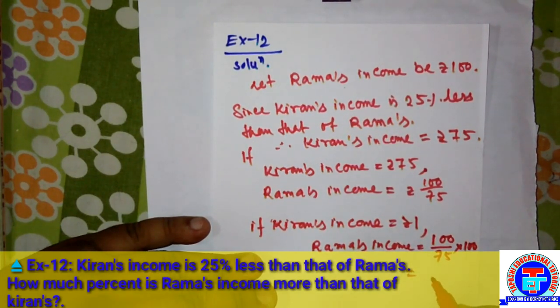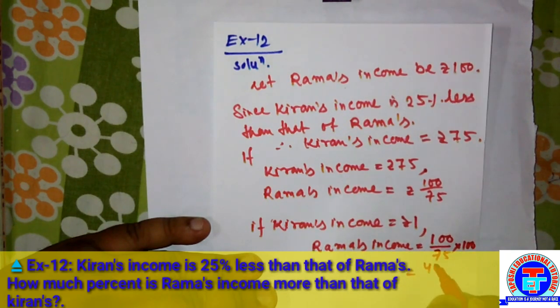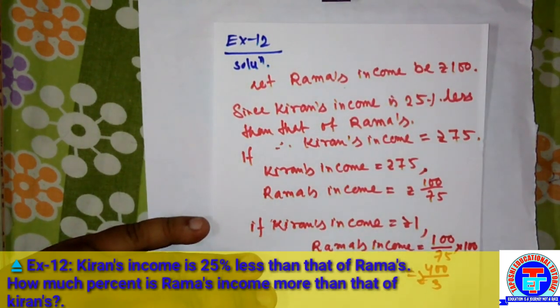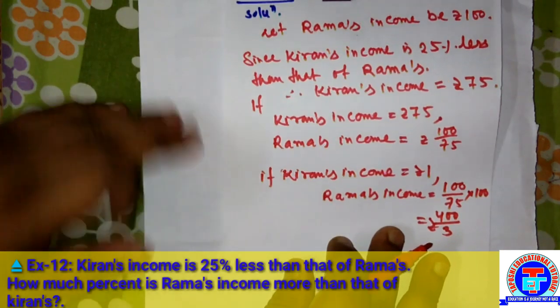That means it will become 400 by 3 rupees. Right, student?